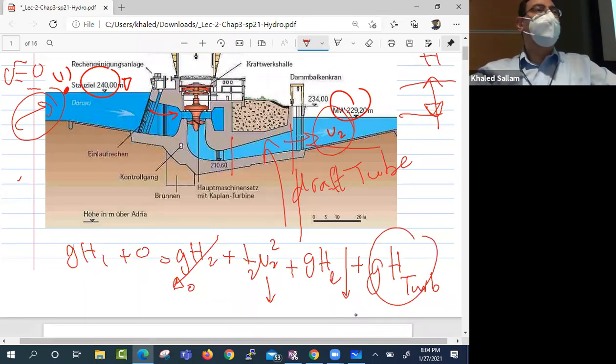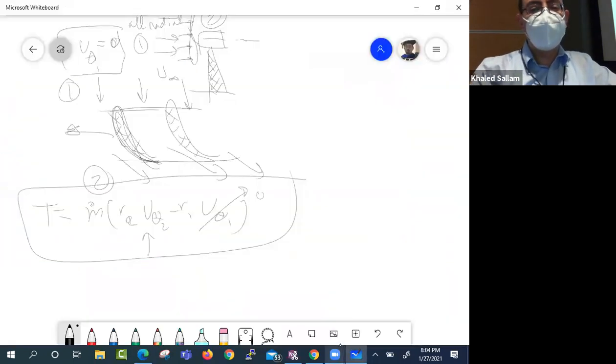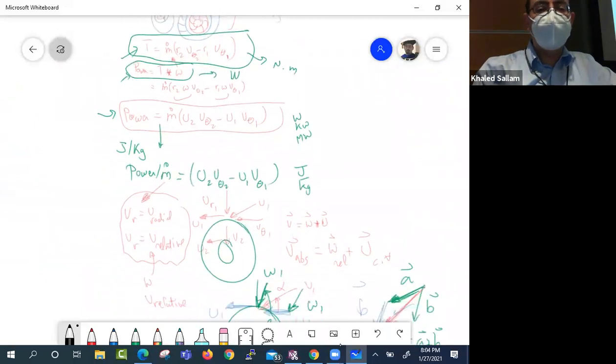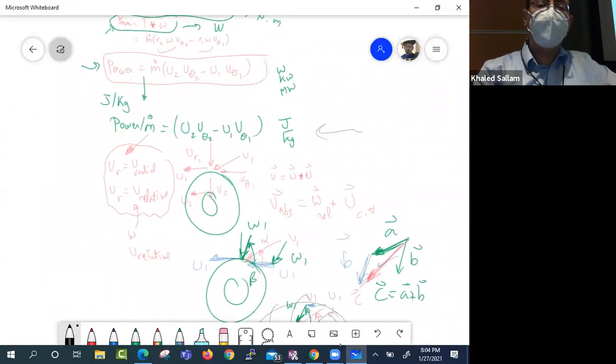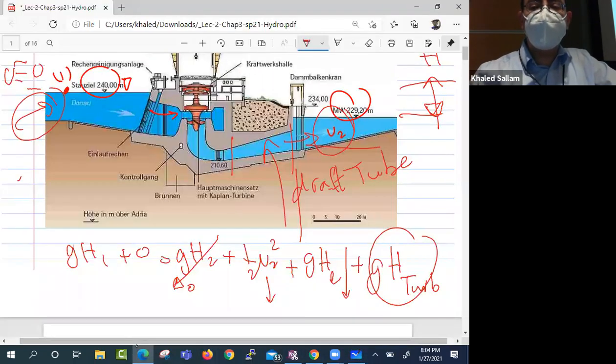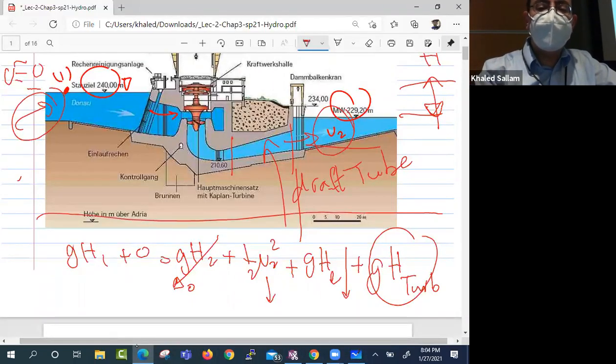U2 V theta 2 minus U1 V theta 1. Remember the joule per kilogram thing? U2 V theta 2 minus U1 V theta 1. That's actually this guy.